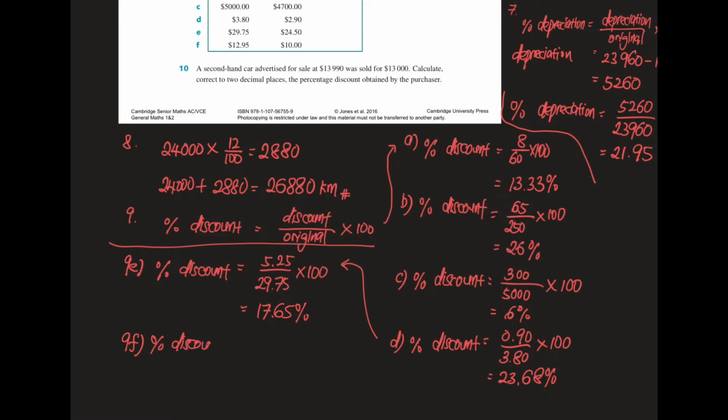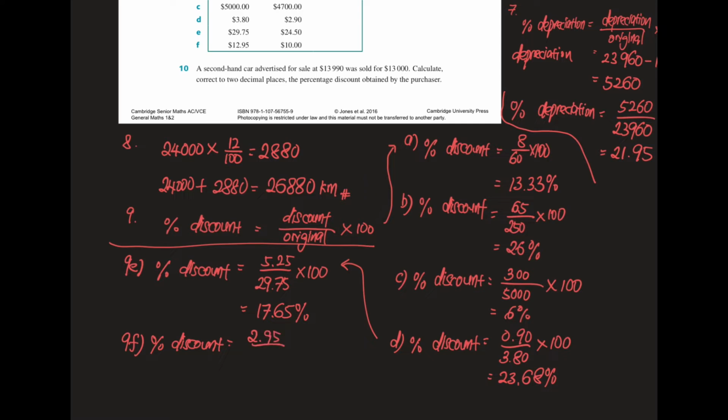And then 9F, percentage discount. Again we see the difference between these two prices. So minus them, we get $2.95.